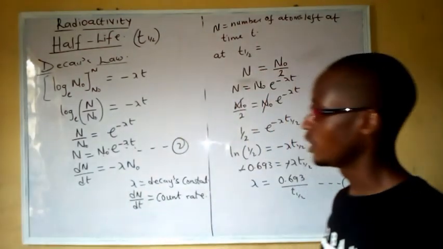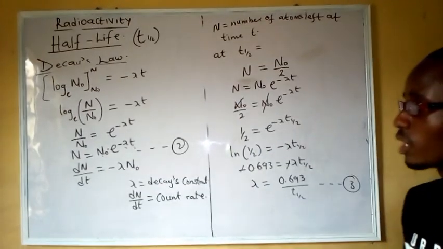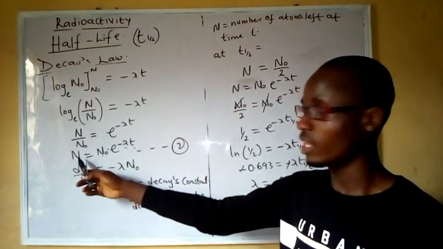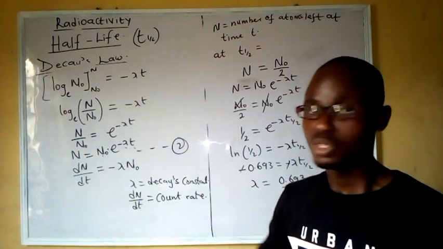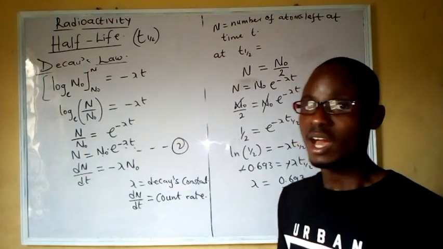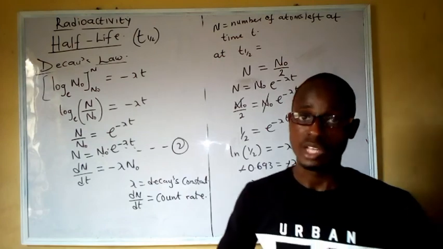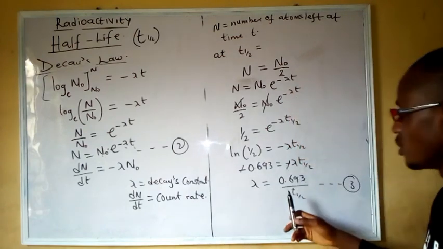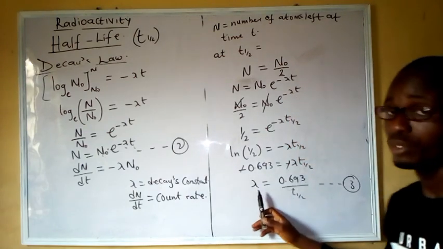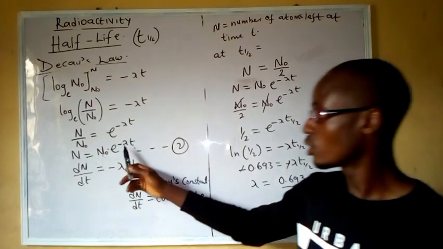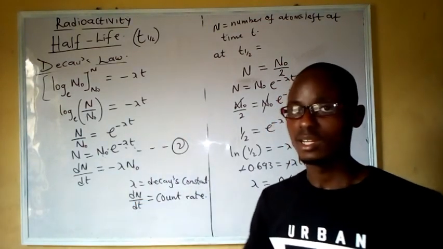So meaning that in a question, if you're given to calculate the number of atoms that will be left, provided you know the number of atoms present, after a time that is not up to the half-life, provided you know the value of your decay constant, you can slot that here and get that completely.